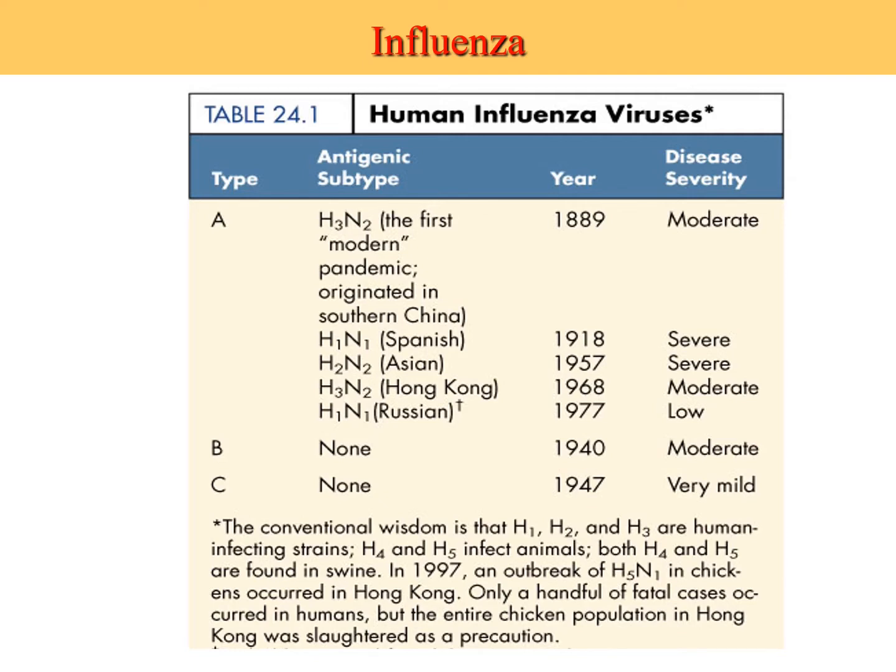H5N1 is a bird strain which has only infected a few humans, but has had a very high fatality rate. They monitor populations of birds in commercial facilities and markets, on large agricultural production farms, and if even one case of H5N1 is detected, they'll kill all of the animals in that facility.